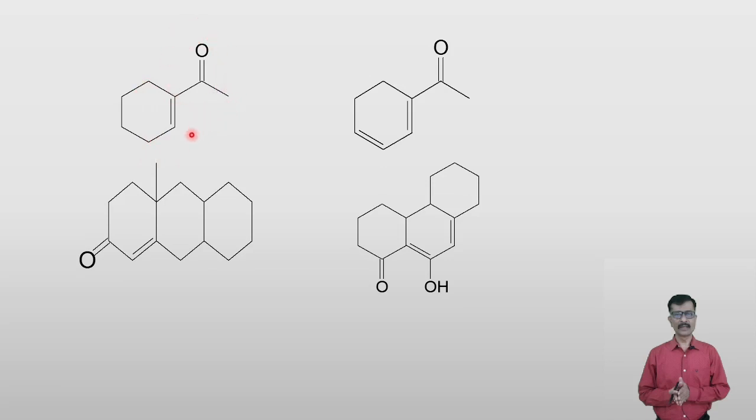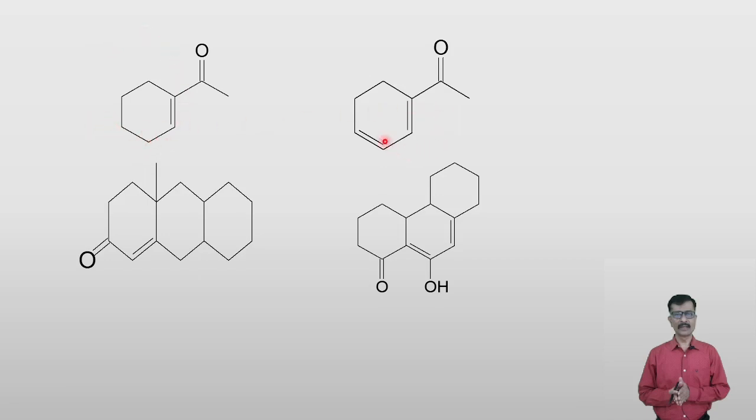Then there is no additional double bond, so no question of homoannular diene or double bond extending conjugation. Now exocyclic double bond: there is one carbon-carbon double bond, and both carbons of this double bond are part of the same ring, so no exocyclic double bond. Then substitutions: this is alpha carbon, beta carbon. At alpha carbon there is one ring residue, at beta carbon one more ring residue. Accordingly, the addition of all these values will give the lambda max value.